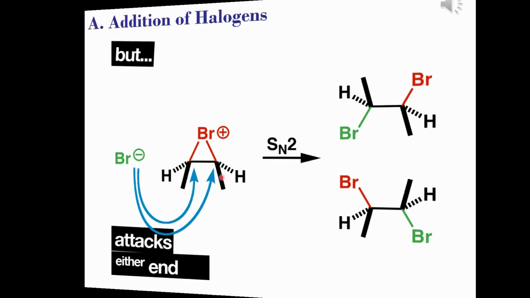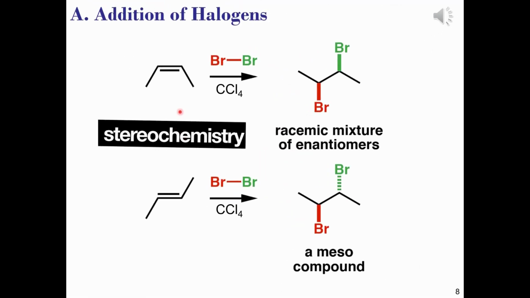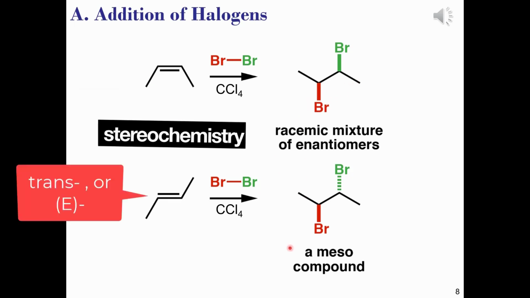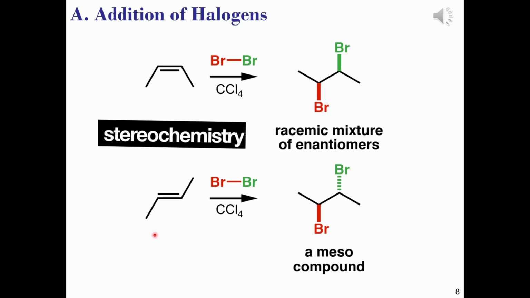cis alkene. Here is butene, and we can see that it has two possible stereoisomers. That's the cis stereoisomer that we just looked at the mechanism for, and also there is the trans stereoisomer which we're going to look at the mechanism for. Both of the addition products will have an anti-conformation.